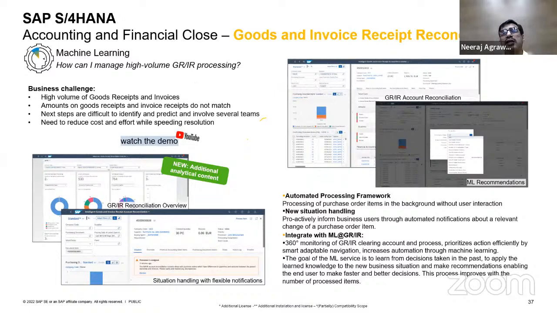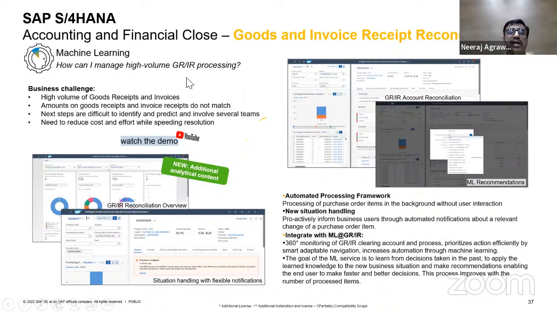Next, let's go to the goods and invoice receipt reconciliation. So this is another very, I would say, manual and time-taking process, where if the GR and IR are not reconciled, or you are doing it manually, it takes a lot of time and effort to do this. And this particular capability comes with machine learning.